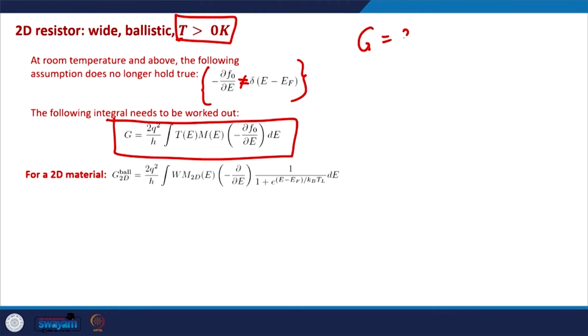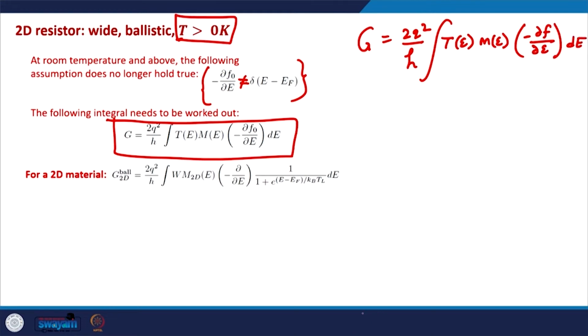Please remember that the expression of conductance to begin with in any case is 2q square by h integral of T(E) times minus del f by del E dE.